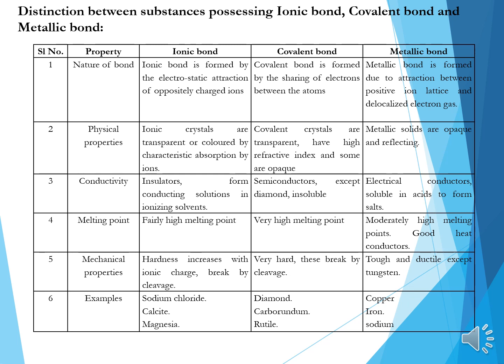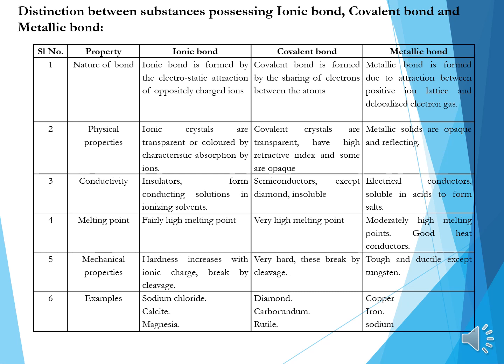Solids having ionic bonds are insulators, but they become conducting in solutions having ionizing solvents. Covalent bonds exist in semiconductors, except diamond, which is insoluble. Metallic solids are electrical conductors, soluble in acids to form salts.